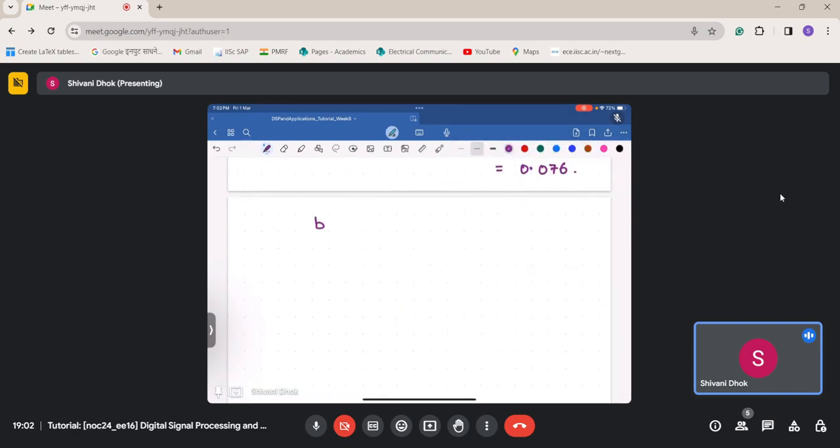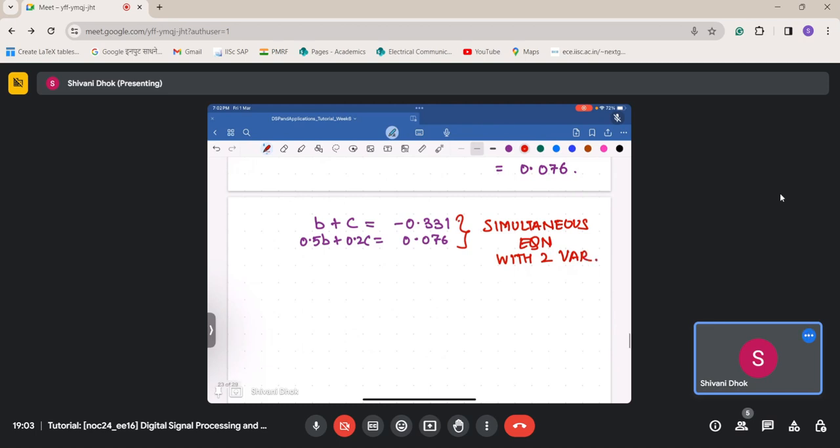Now we are having two equations. First equation is B plus C is equal to minus 0.331, and second equation is 0.5B plus 0.2C, which is equal to 0.076. So what we are having is simultaneous equations with two variables.